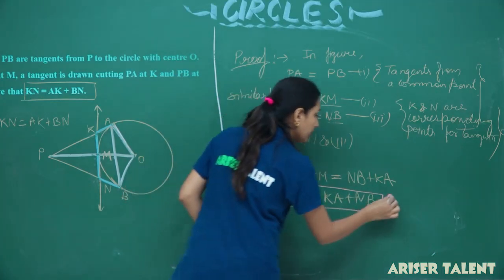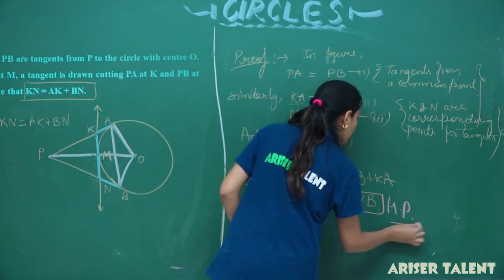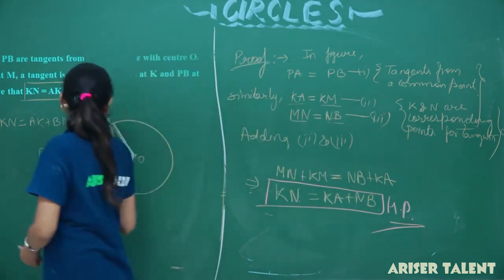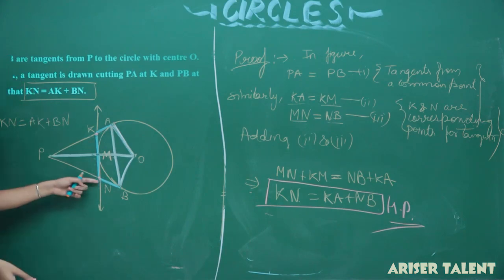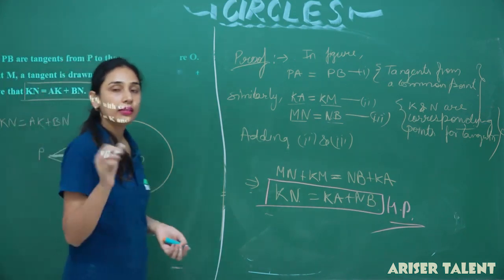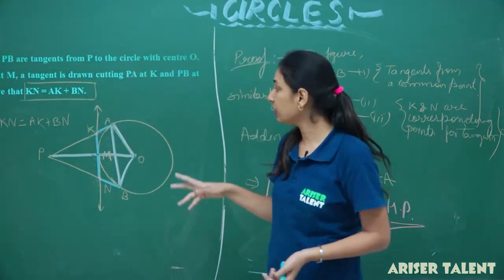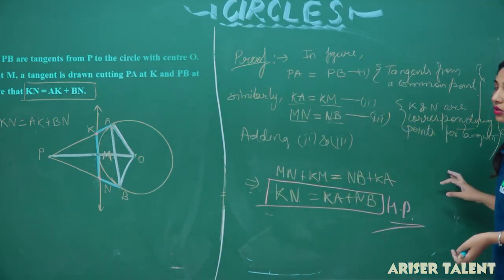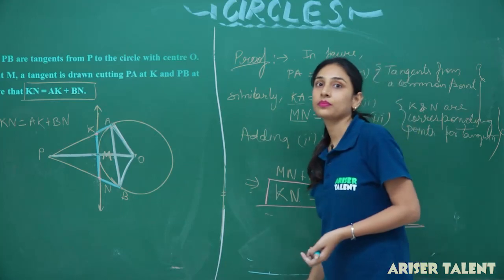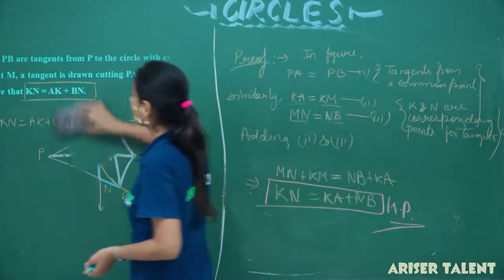So, it's proven here. What process have we applied? We treated this as an external point and the two tangents are equal. We just applied this formula. So, note this students so that I can rub it, okay.